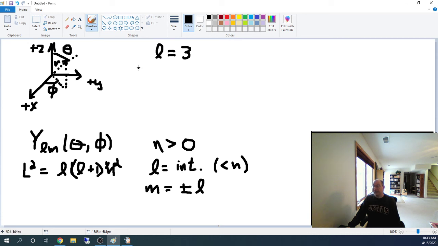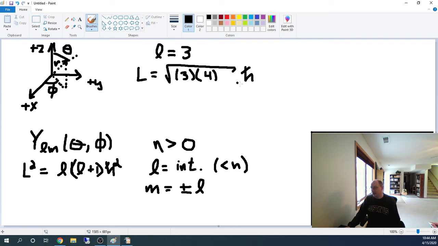Okay, we can see from this expression down here, L is going to be equal to the square root of l times l plus 1. That's the square root of l, 3, times l plus 1, 4, times h bar squared, so I'll just close that off and say times h bar.